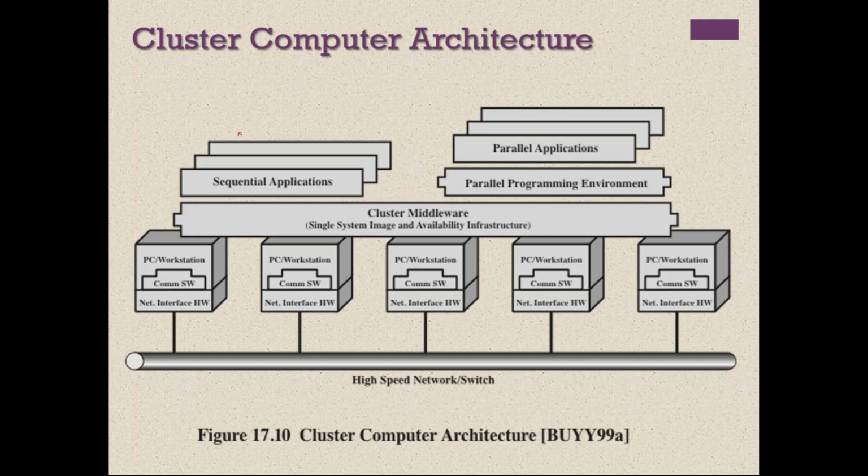So this is the cluster computer architecture. Here you can see all these are individual standalone computers. Everything is a separate PC or computer, and all these computers are connected to a high-speed network or switch. On top of this, there is a cluster middleware.